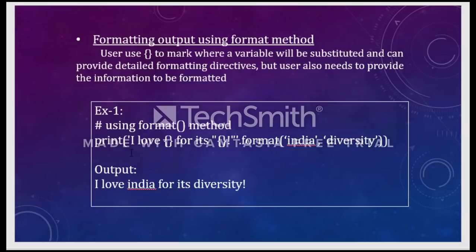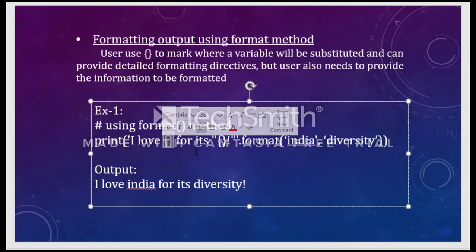So I should write a statement in this format: I love, the first pair of braces is to store some value here, for its, then the second pair of braces is to store some other value here. After the end of the string, you mention the dot, then we write format. It's a method.